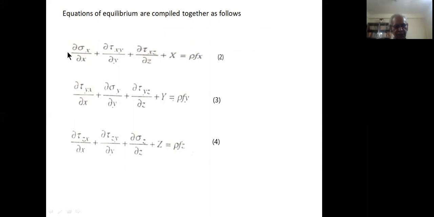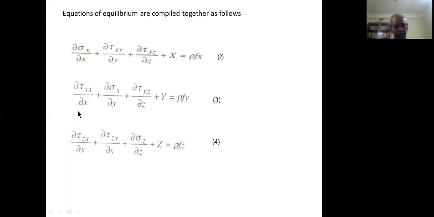We can easily write the equations: del sigma x by del x plus del tau xy by del y plus del tau xz by del z plus capital X, which is the body force, equal to rho, the density, into Fx, the acceleration in the x direction.